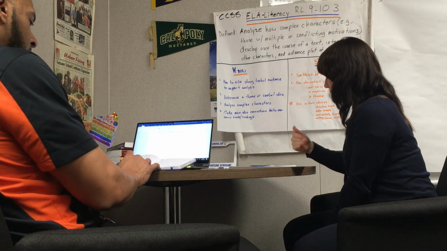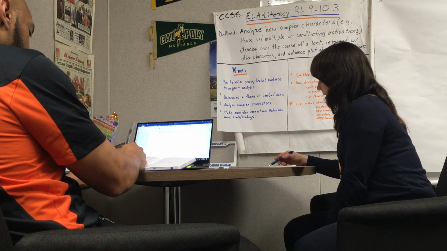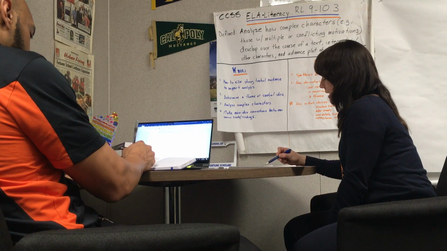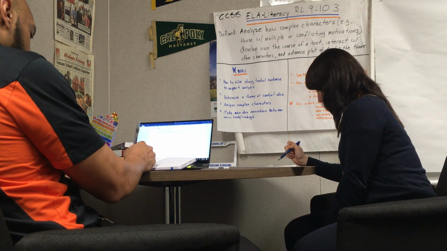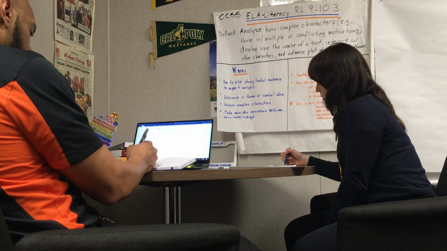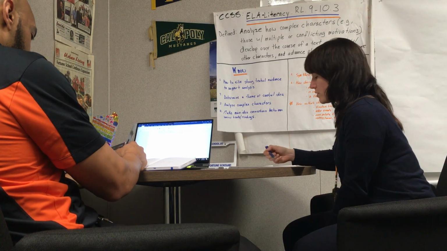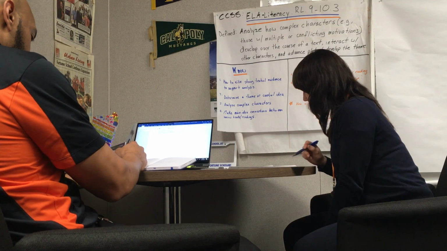All right, moving on. Next, we're going to highlight our text evidence concerning how he exemplifies that quality that you named. Thirdly, we're going to highlight where we connect that to a prior reading. So find where you used a story or a book we read before and highlight that area.